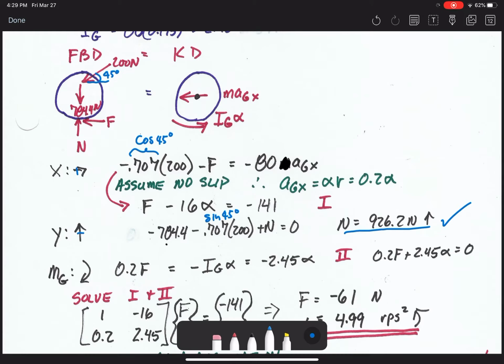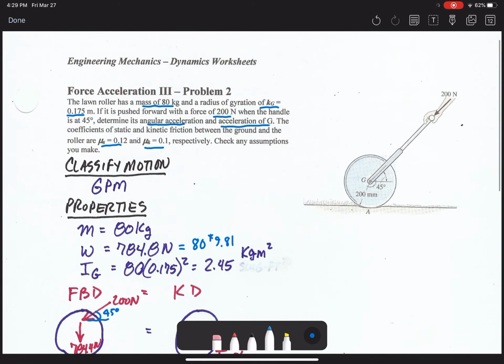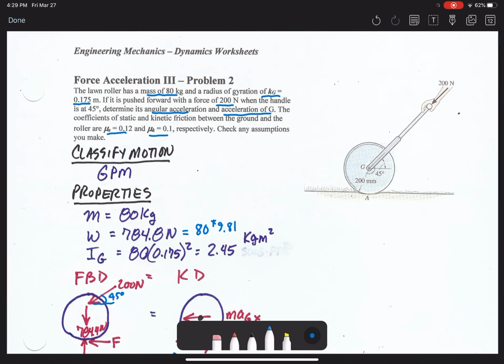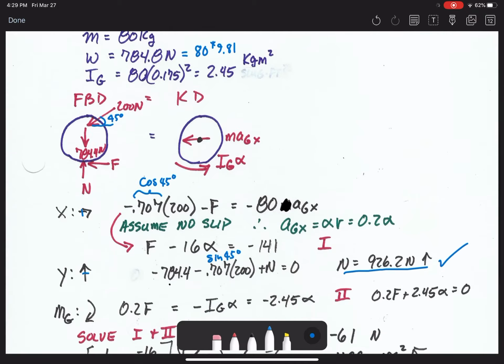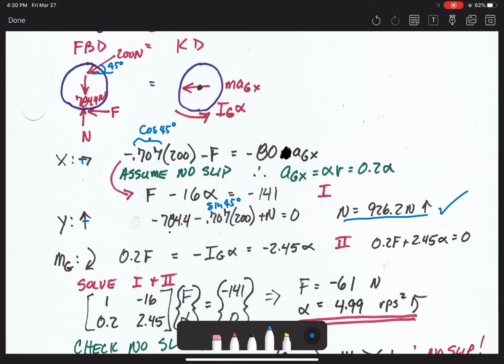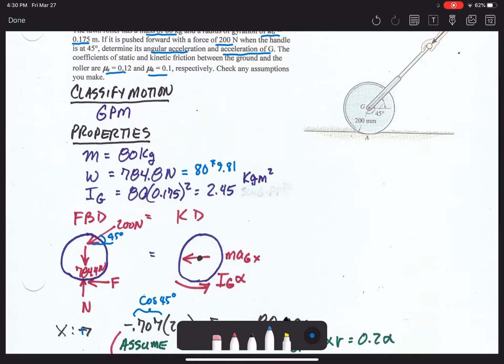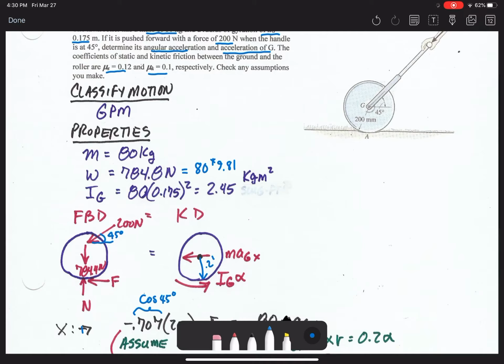In here you see the weight goes through G, gone. The normal force, gone. The force P, 200 Newton, also goes through G, so no moment, only the friction force. The radius is 200 millimeters, so that is 0.2 meter.